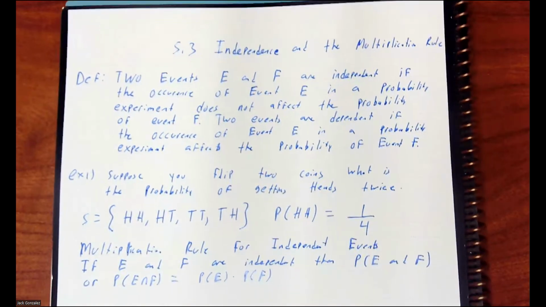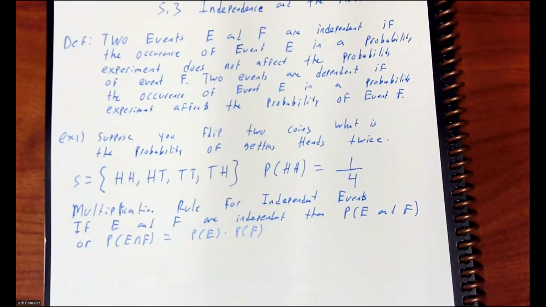Now, what's the probability of getting 1 heads? 1/2, right? 1 out of 2. So if I wanted it to happen again, it'd be a 1/2 times a 1/2, because those events are independent. Does that make sense? Which is a 4th, which we already knew.